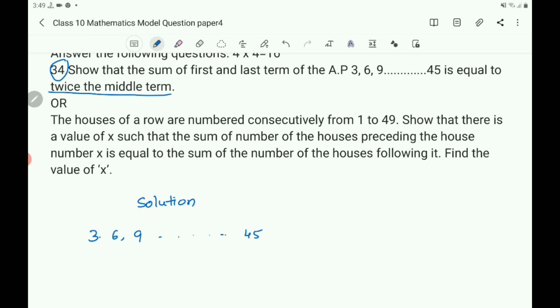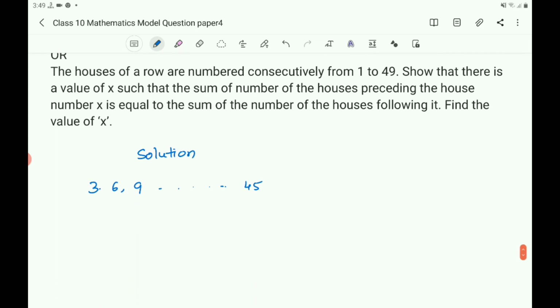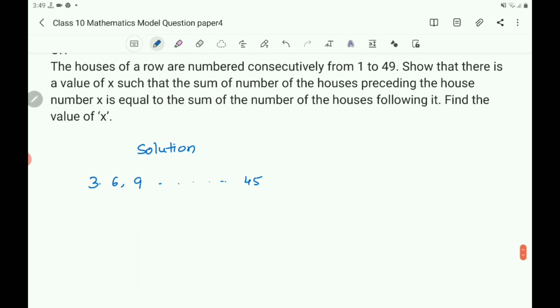Now let us find the sum of the first and last term, that is A plus L. Here what is A? This is A. This is L. And that is equal to what? 3 plus 45 is equal to 48. So you consider that as the first.